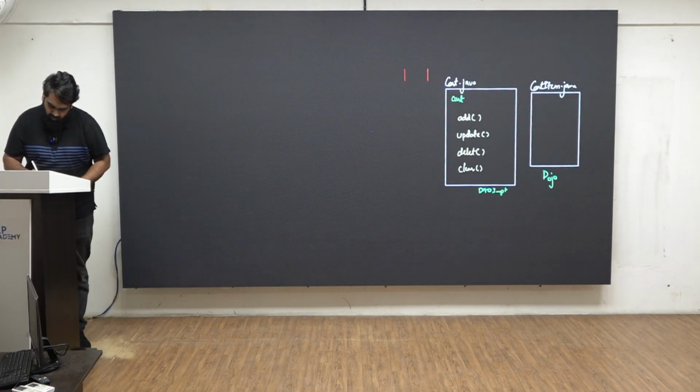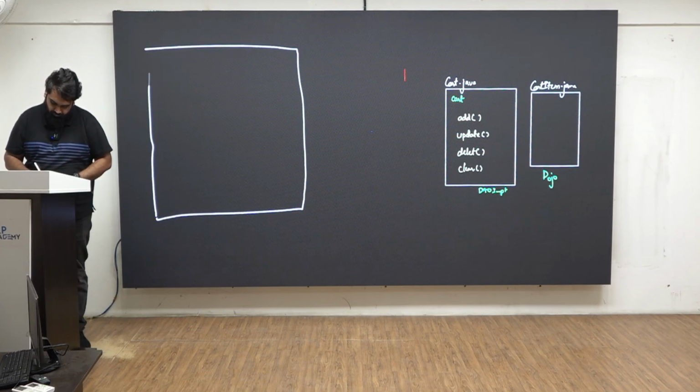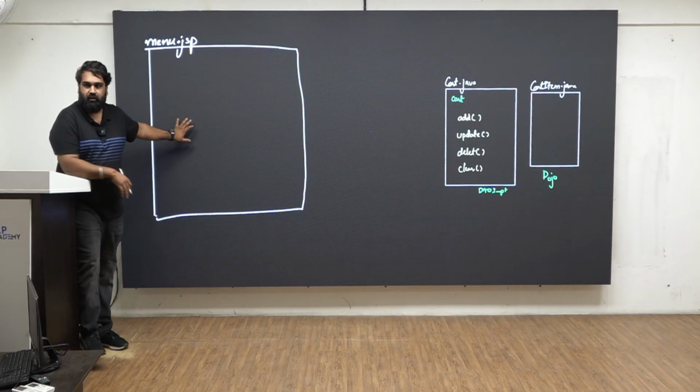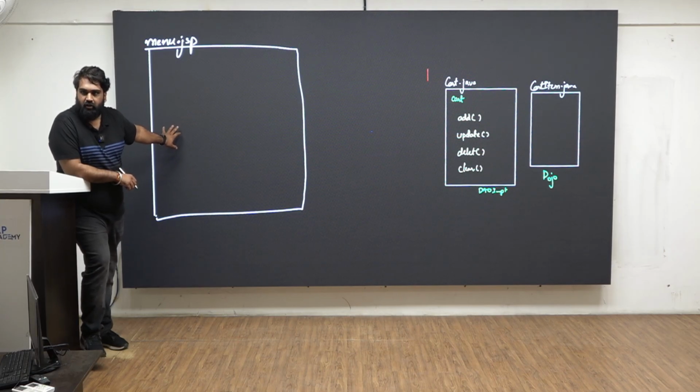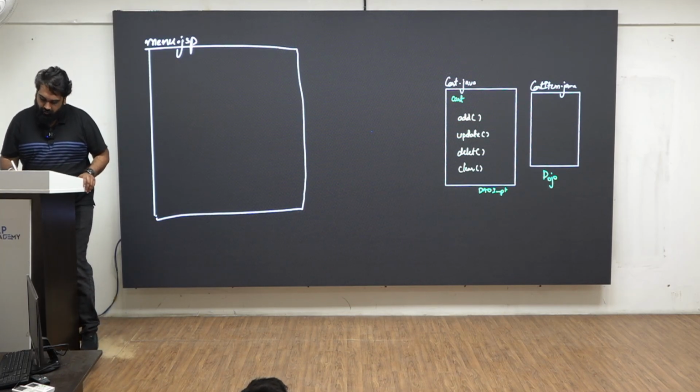Okay. So as of now, I am in one page which I would probably call menu.jsp. This is where I am currently. Will you agree with me? What is there in this menu.jsp, sir? I was able to display menu items to the user.